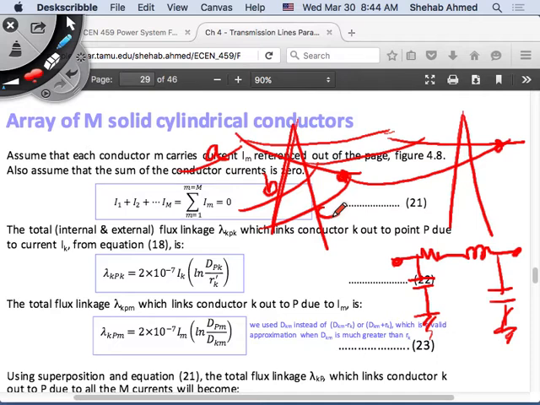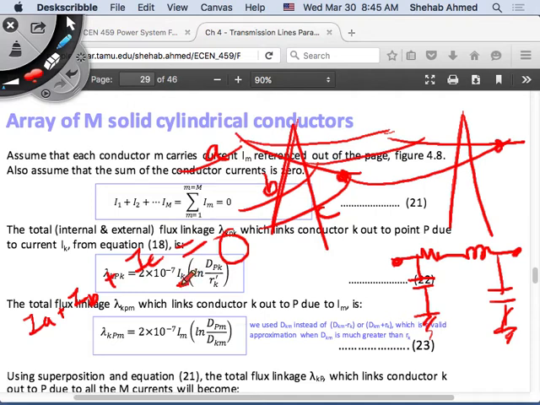In a balanced three-phase system, what does IA plus IB plus IC equal? Zero, right? This is something we will use to simplify, because we're going to add the flux linkages, and the equation for flux linkage contains current.